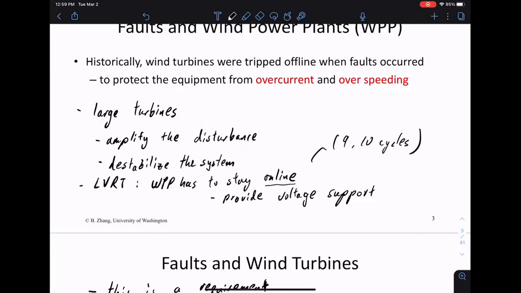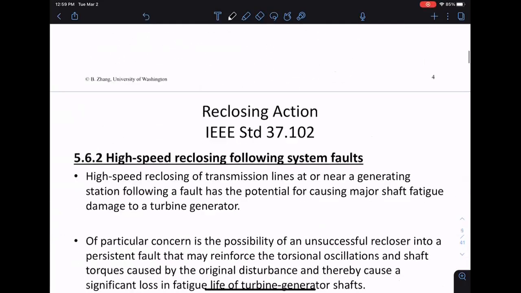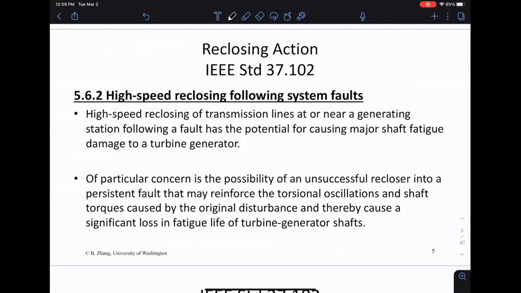So let's look at some IEEE standards on this. There's quite a number of standards that govern this type of timing and exactly the standards you have to follow. If you look at the reclosing action, this basically says, if a fault happens, this is what you do to try to clear the fault.